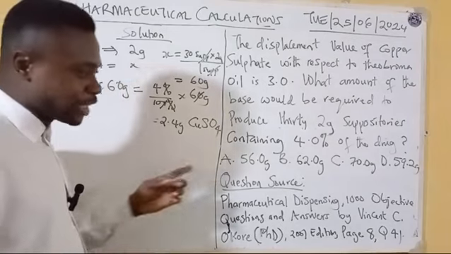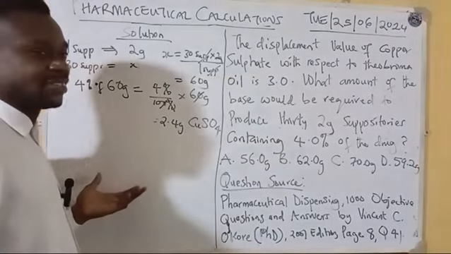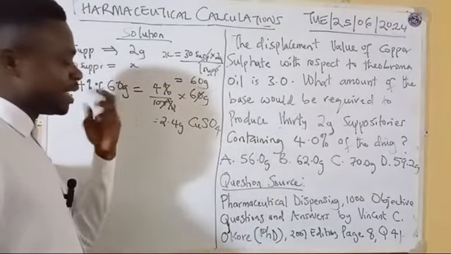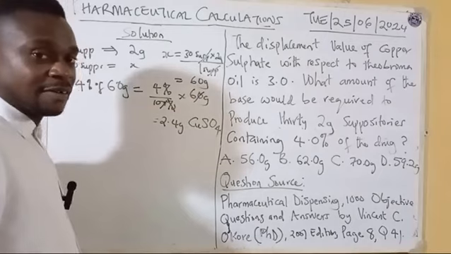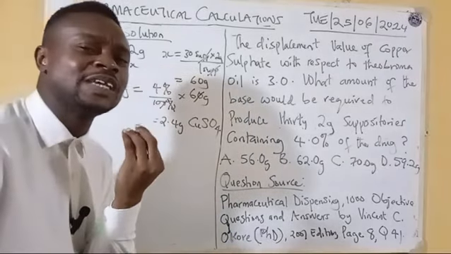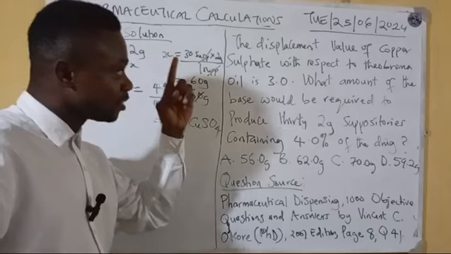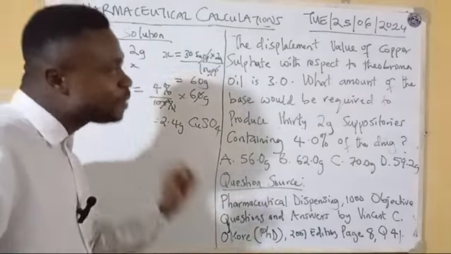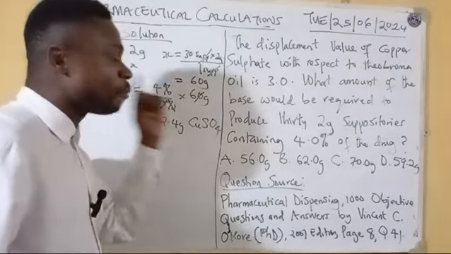Good. But if the question says we should find out the amount of base required, and care is not taken, you simply say, okay, since the entire product is 60 gram, therefore the amount of base required is 60 gram minus 2.4 gram. You fail it. For you to do this well, you need to determine the exact amount of the base that will be displaced by copper sulfate, and for that you need to make use of the displacement value of copper sulfate.